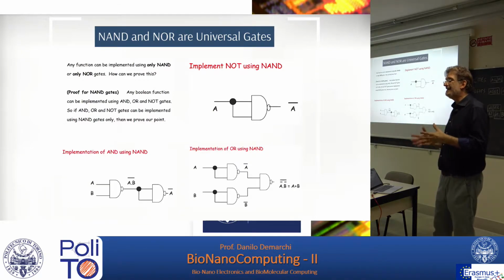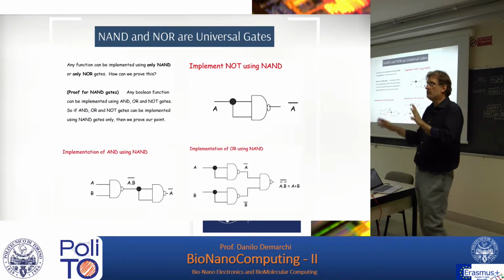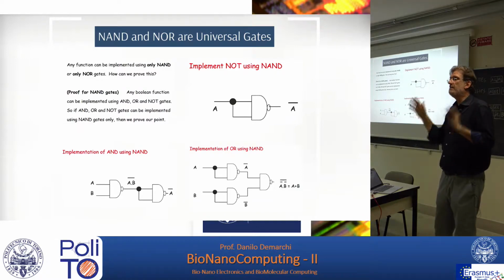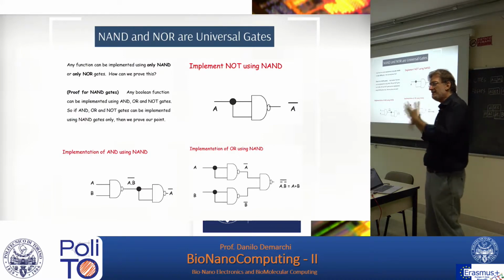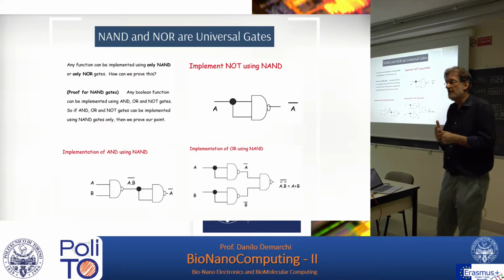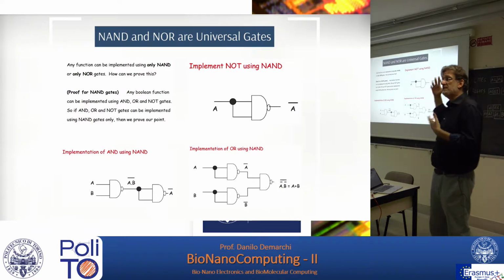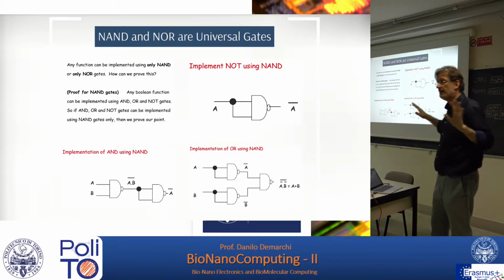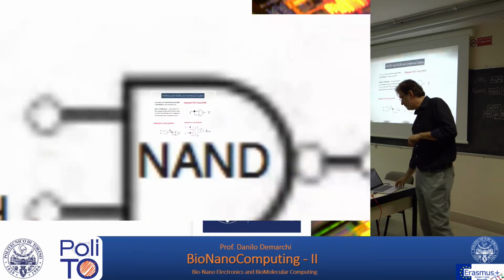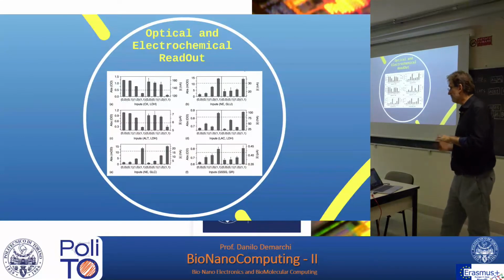So with NAND or NOR, the two universal gates, I can build a Pentium. I can build everything. Of course, not with the same performance as a more optimized design, but this is a final proof, and I like to use it as an example, that in principle I can do everything, simply by choosing the right things to put together.